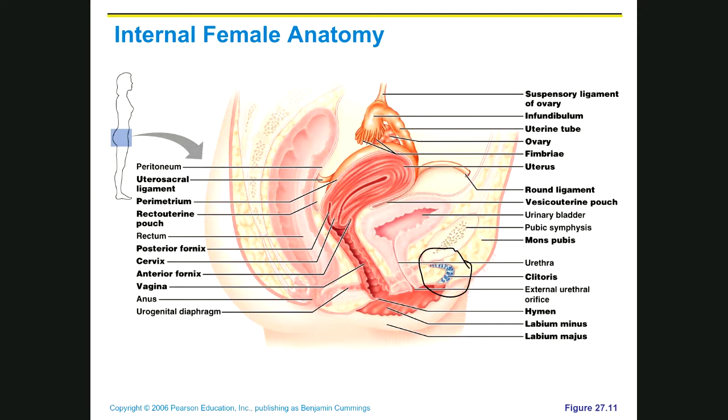If you look in there, you can see all those little dotted things. That represents those vascular spaces, just like we had in the penis. And they fill up with blood when the female becomes sexually excited, just like what happens with the male. And then finally, there's also this little covering right here. Again, that's called the prepuce, or sometimes it's called the foreskin.